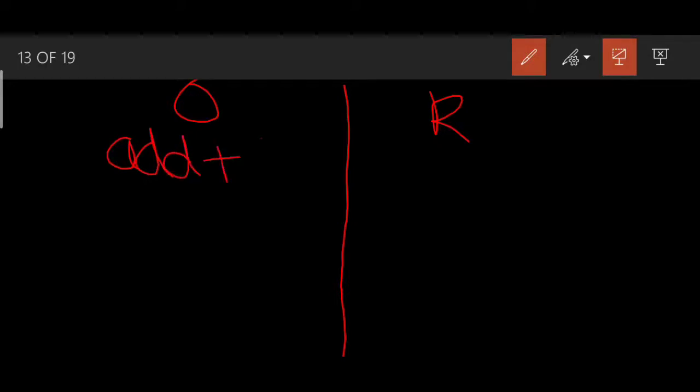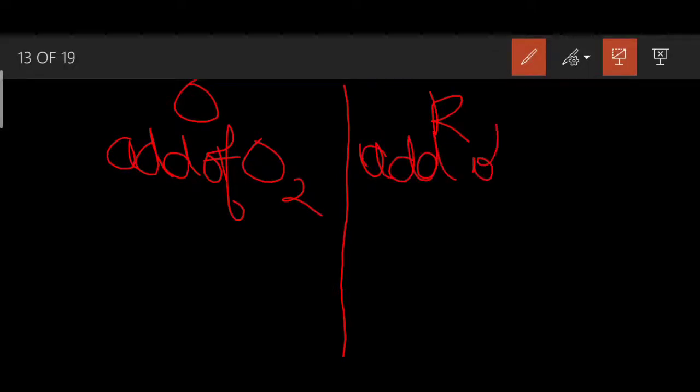Addition of O2 and addition of H2, no, simple H, hydrogen.